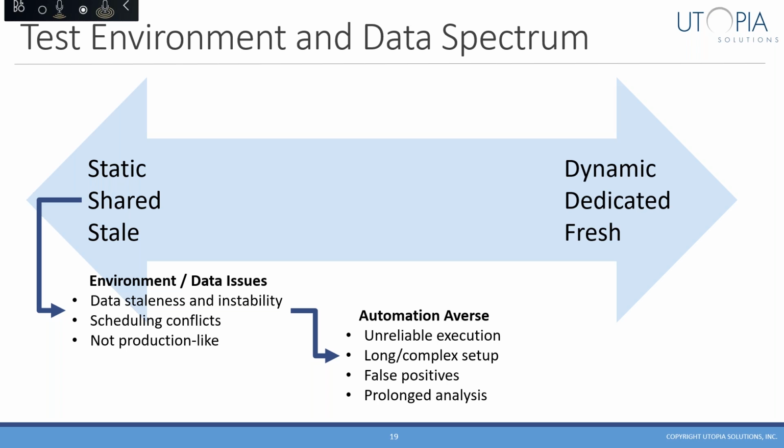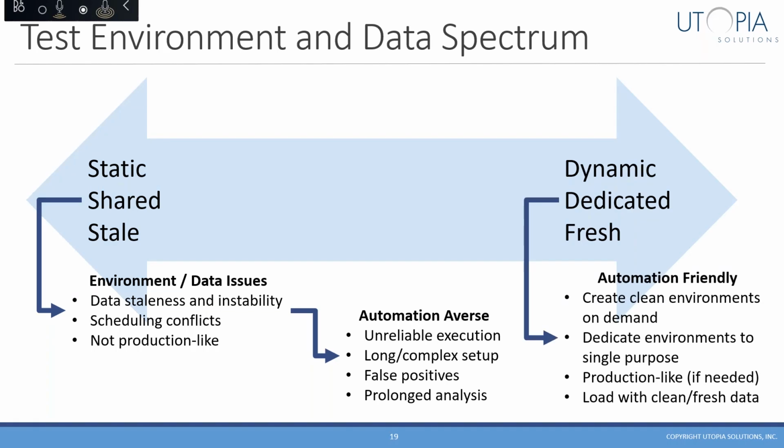So let's take a look at the other end of the environment data spectrum, where we have dynamic, dedicated, fresh environments. They're dynamic, so we can create them on demand using virtualization and infrastructure as code technologies. Because they're easier to create and manage, we can likely have more of them and dedicate them to a specific function and eliminate all the issues associated with sharing environments.